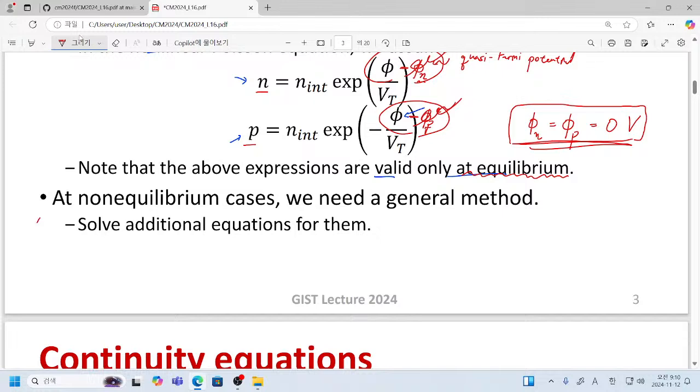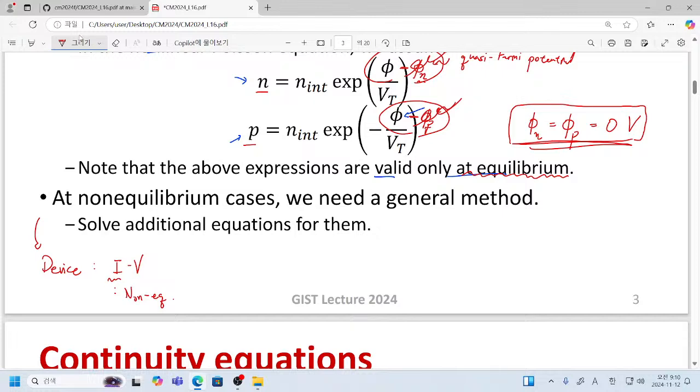In the case of device simulation, the main goal is calculation of IV. A non-vanishing electric current means that this is a non-equilibrium case.